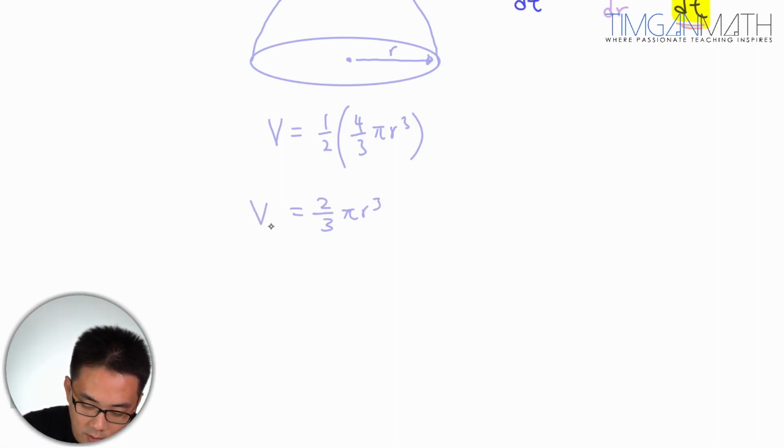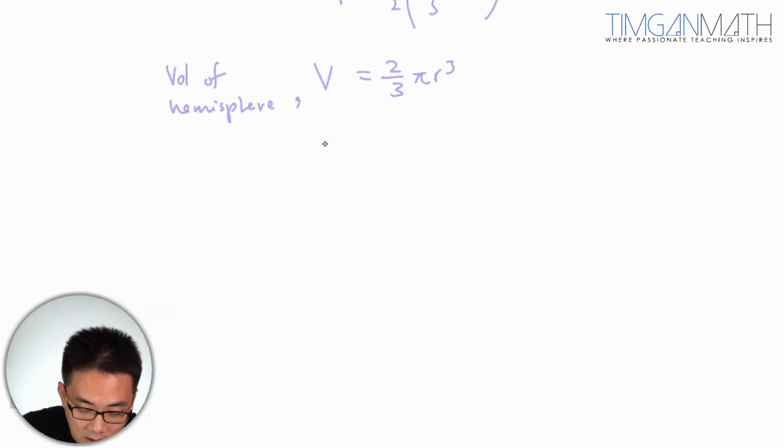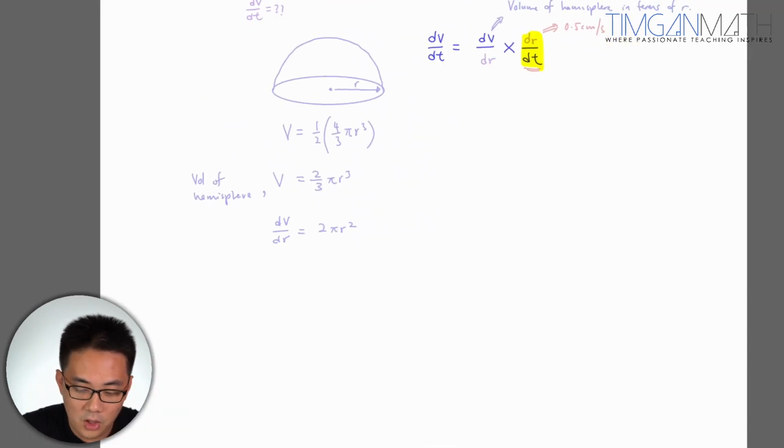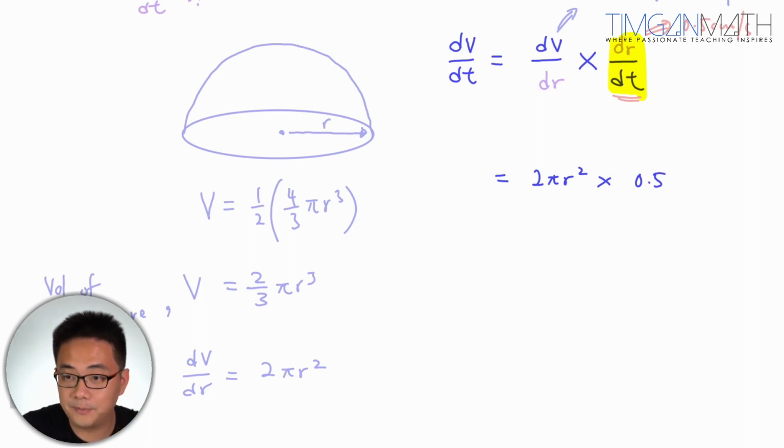So v equals 2/3 pi r cubed. What we need to do is find dv dr, so differentiate v with respect to r. This will be 2 pi r squared. So dv dt will be 2 pi r squared times 0.5.